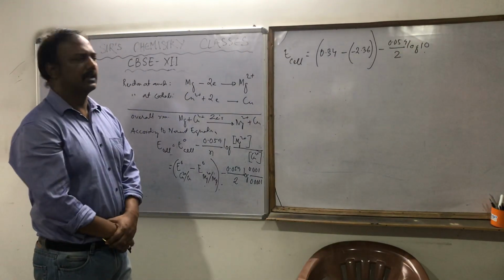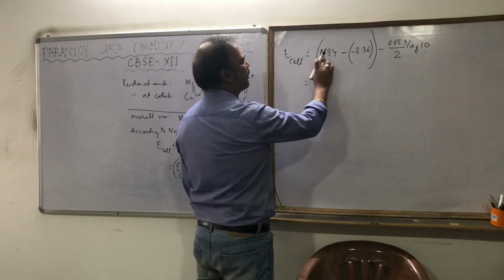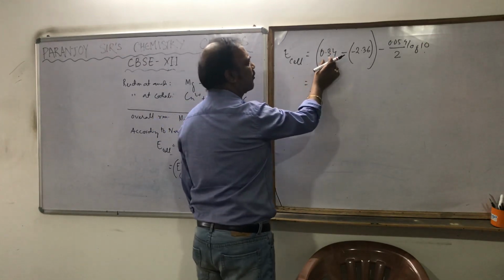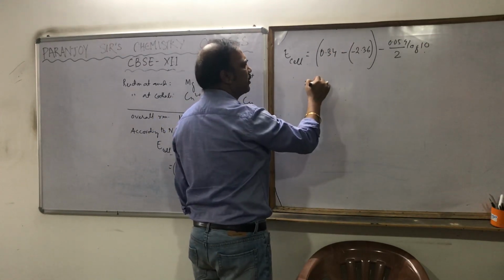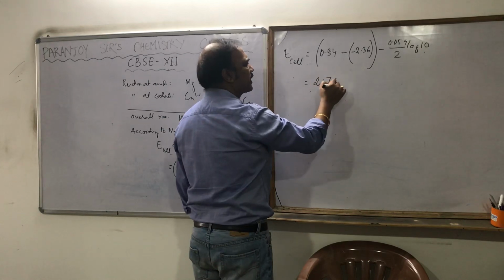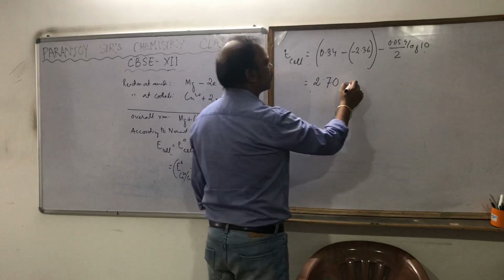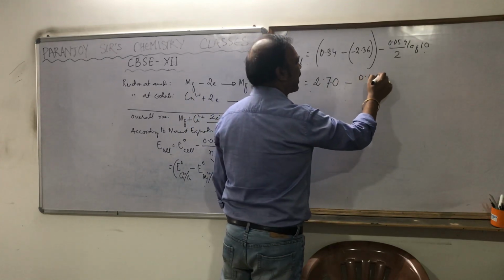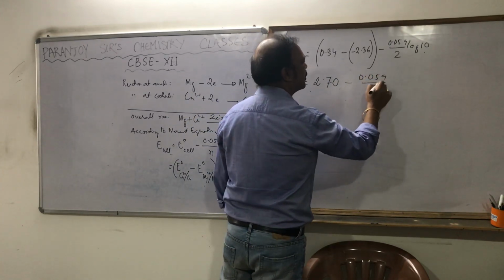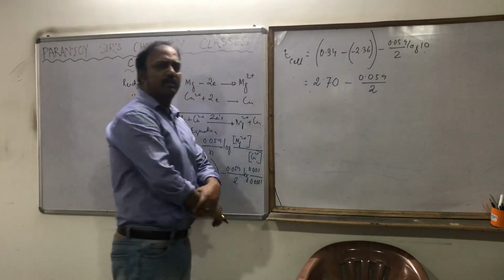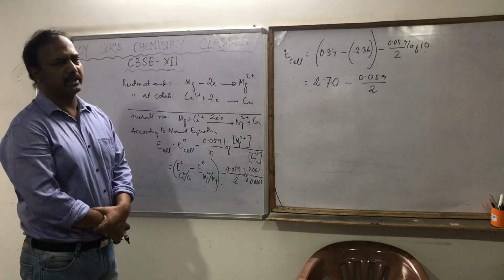Now 0.34 plus 2.36 comes to 2.70, minus 0.059 divided by 2 times log 10, which is 1, so I am not writing that.